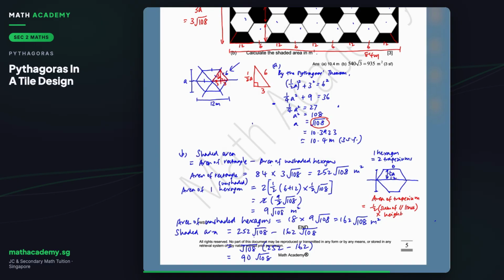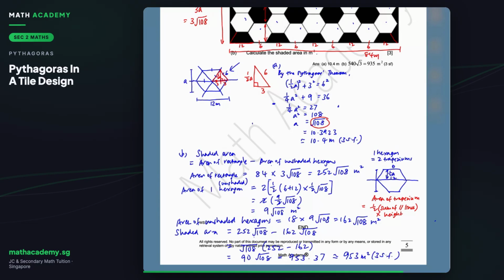Then you can press your calculator. Round it up, you will get 953 square meters in 3SF.